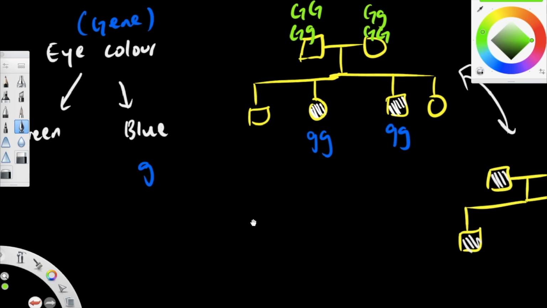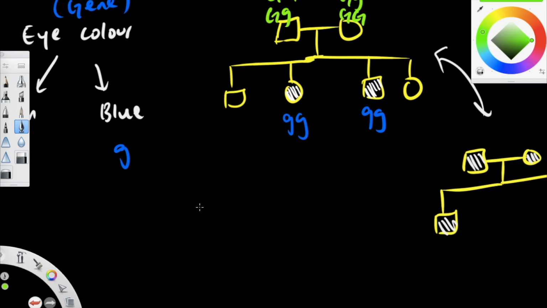So if we say that the father is capital G, and the mother is capital G as well, and we know that two of the offsprings, or 50% of the offsprings, are affected, that means that they have lowercase g alleles, both of them.